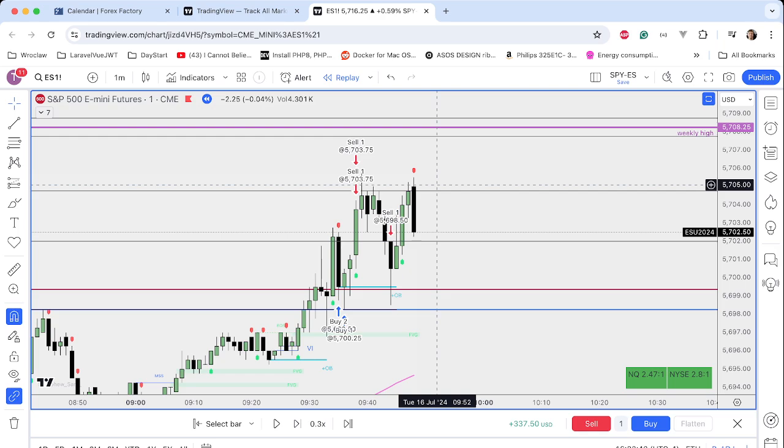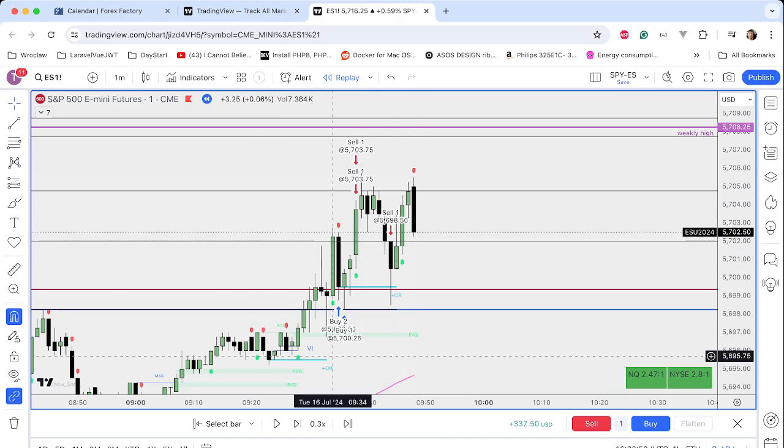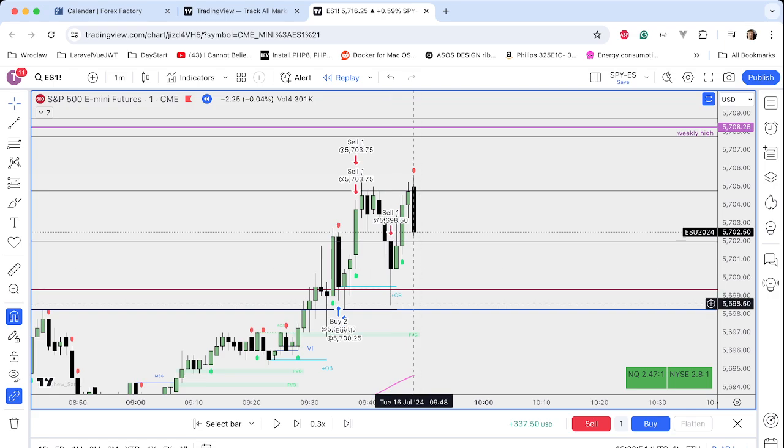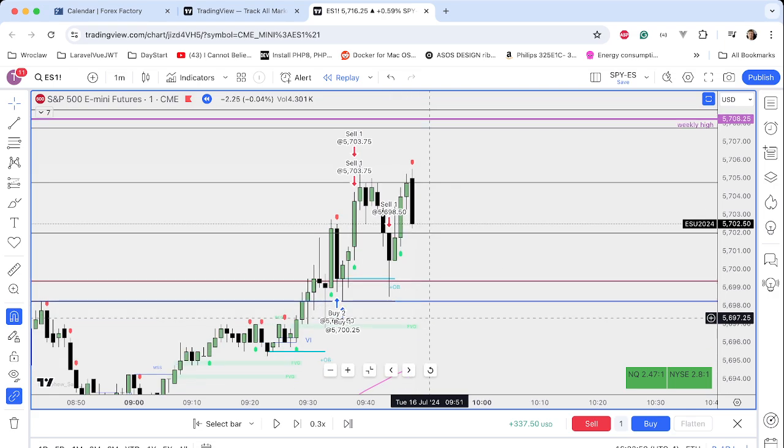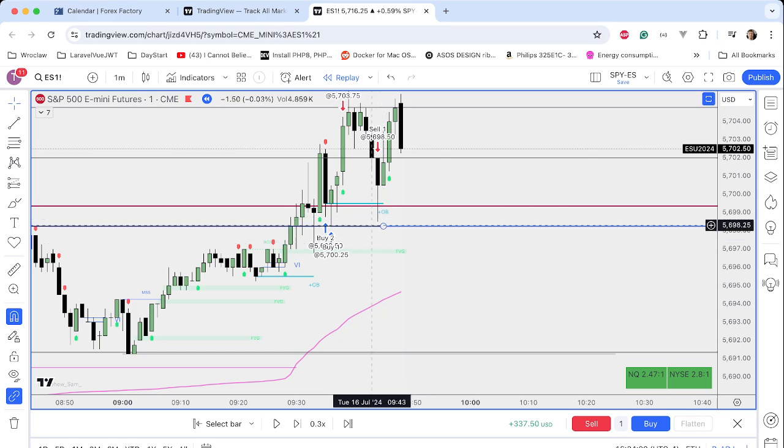You wanna buy this somewhere here, because you know this is 1 minute, so this is just a 15-minute candle. A 15-minute candle will have liquidity below this candle, but pretty much, yeah, 36, 32.